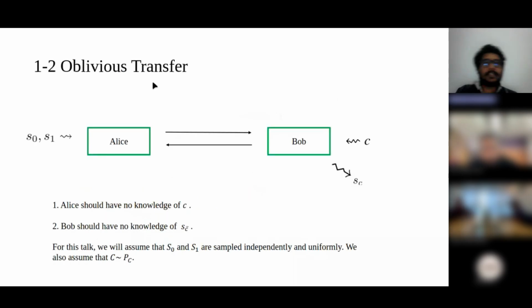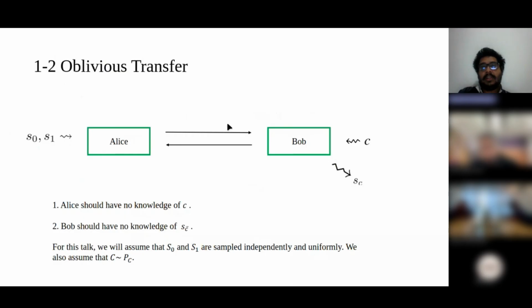So this work is about, as you saw in the title, one-of-two oblivious transfer, OT. So what is this thing? In one-of-two OT, you have two parties, Alice and Bob, and they don't really trust each other. The goal of OT is that you have some sort of interaction, and Alice gets as input from outside two bits, S0 and S1.